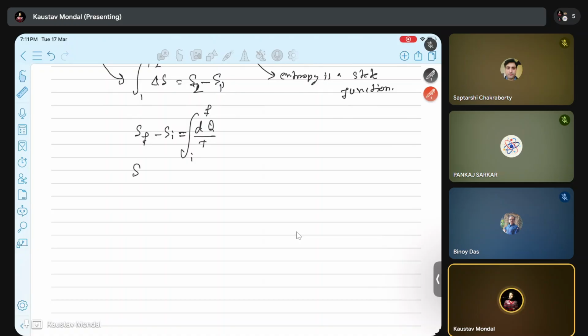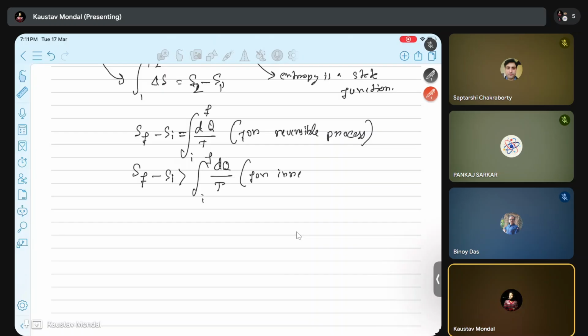For an irreversible process, the entropy change is greater than the integral of dq by T from initial to final.